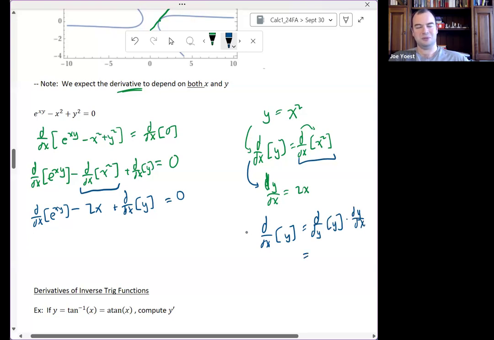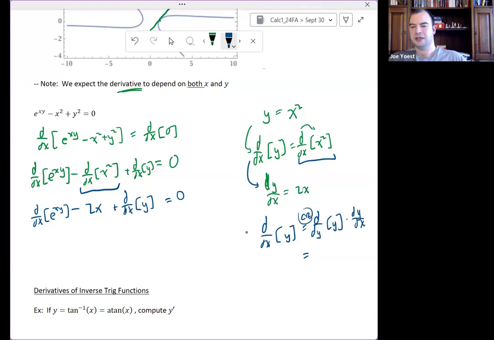This is a really laborious way to talk about this, but we'll see that this idea will come in handy in a minute here. So d by dx applied to y, by the chain rule, I told you the chain rule will come up again right away, is d by dy applied to y times dy dx. Now it's very clear this is just y prime.